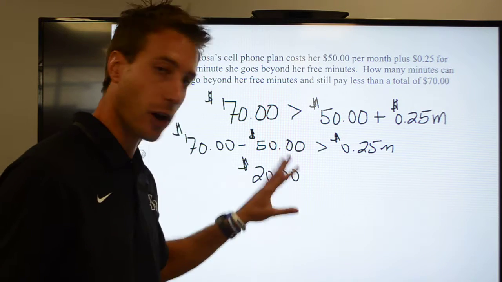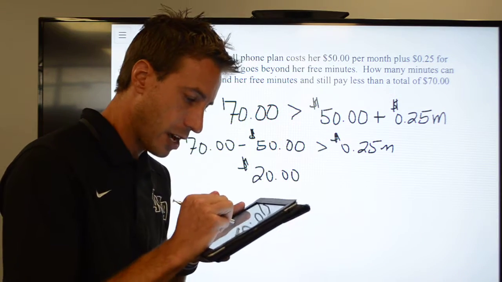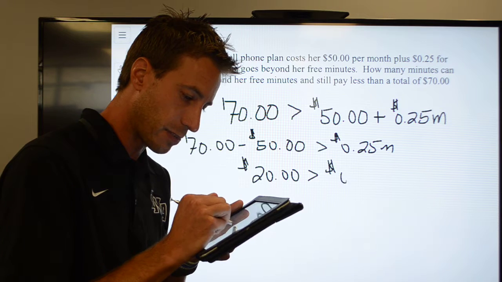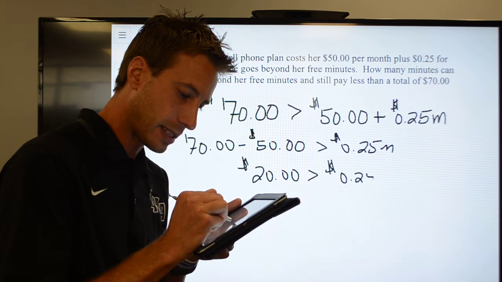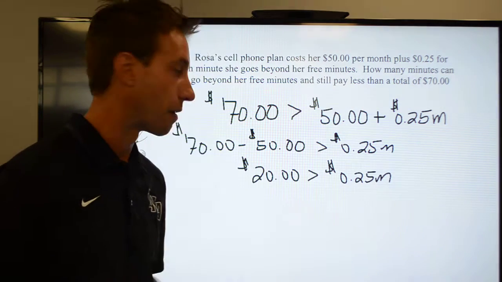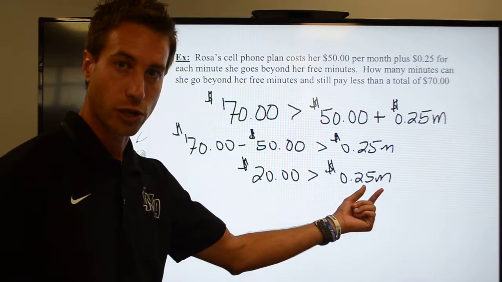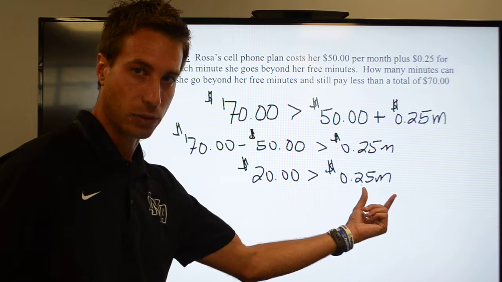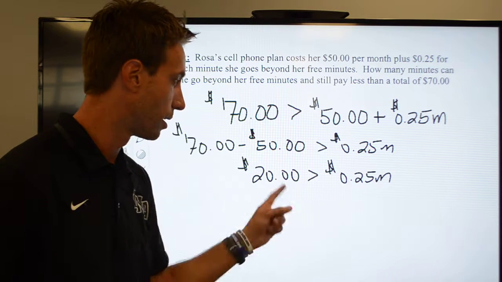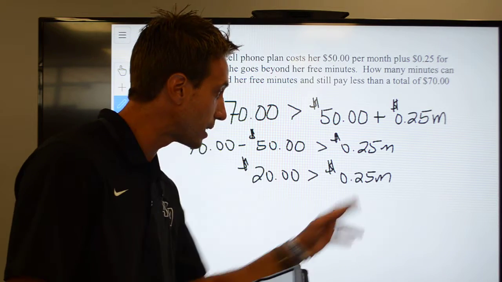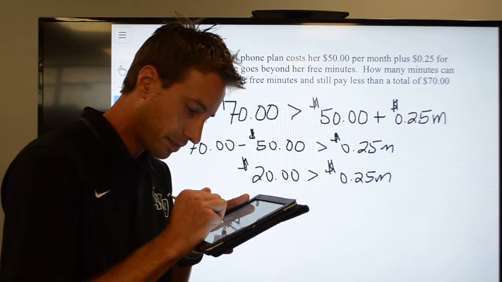Rosa doesn't want to spend that whole $20. She wants to spend less than that. So that $20 has to be greater than the amount she is going to spend on minutes above her free minutes. For every additional minute, she's going to be charged 25 cents, and that amount needs to be less than $20. The way we're going to take care of this is to divide both sides by 0.25.